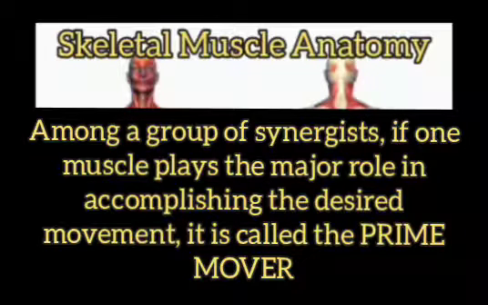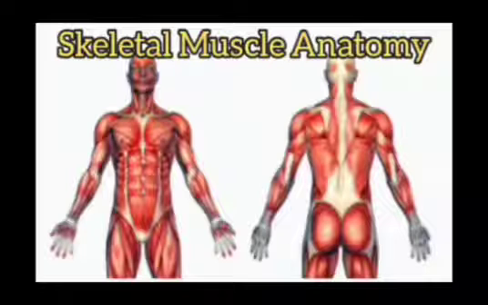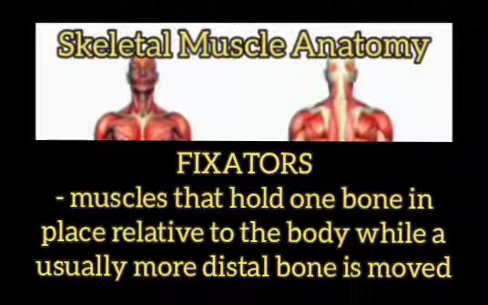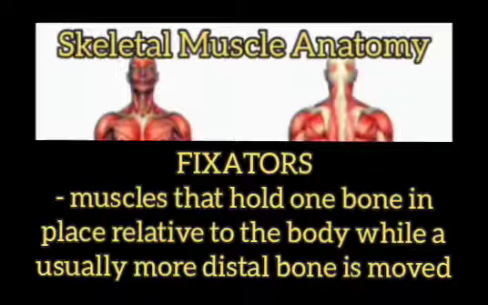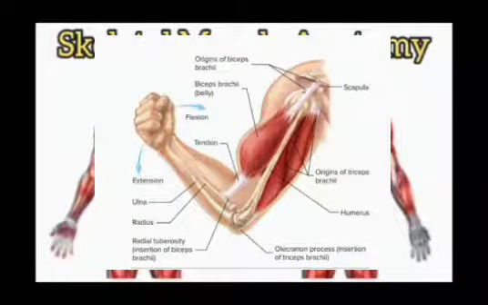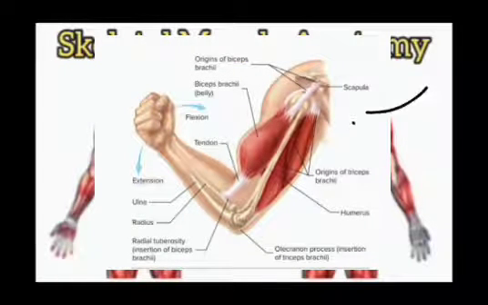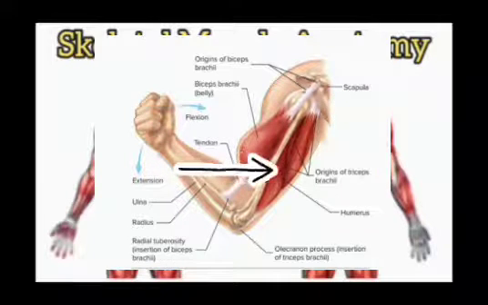The brachialis is the prime mover in flexing the elbow. Fixators are muscles that hold one bone in place relative to the body, while a usually more distal bone is moved. For example, the muscles of the scapula act as fixators to hold the scapula in place, while other muscles contract to move the humerus.